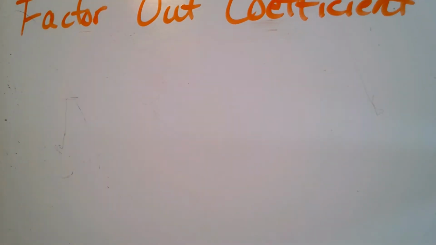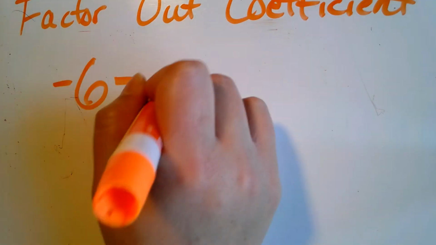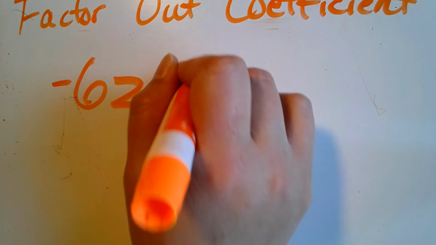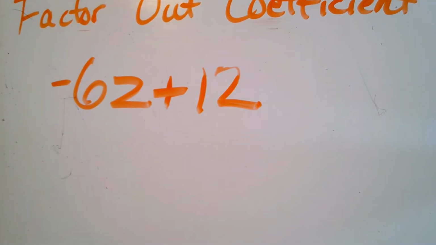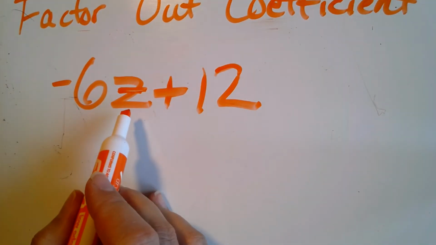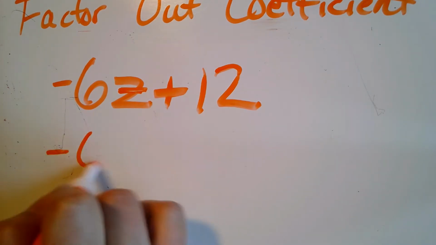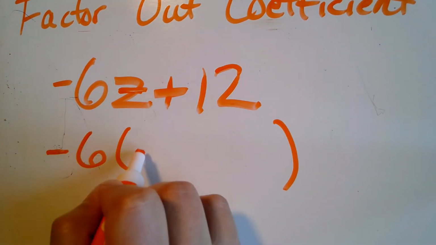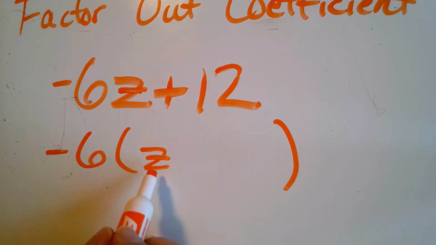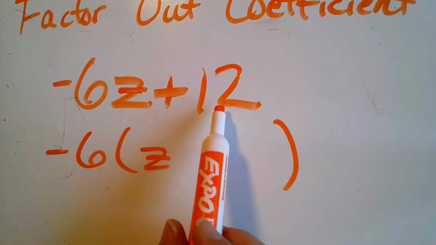All right. So let's say I have -6z plus 12. You have to ask yourself, what times z would be -6z? So usually that's pretty easy. That first one is, right? So you know -6 times z would be -6z. So now what times -6 would be a positive 12?